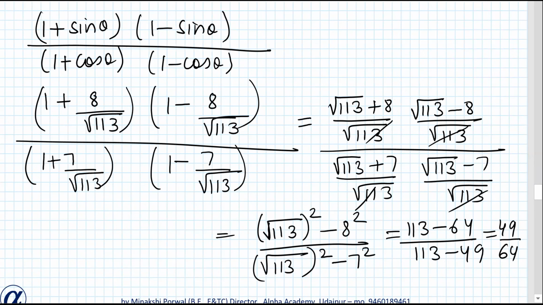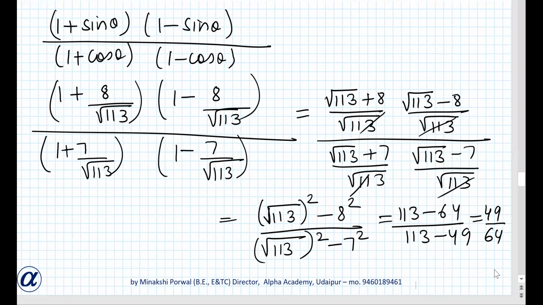If anybody is copying, you can copy. Harini is also typing both the parts. 49 by 64, it's correct. So if everybody has finished this question, we can move ahead. Just type Y if this question is over.